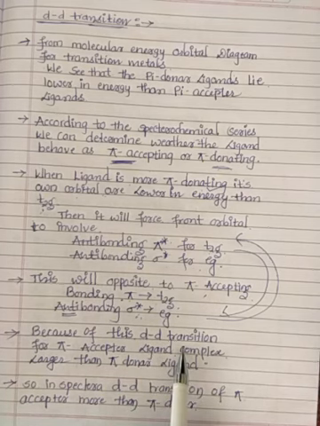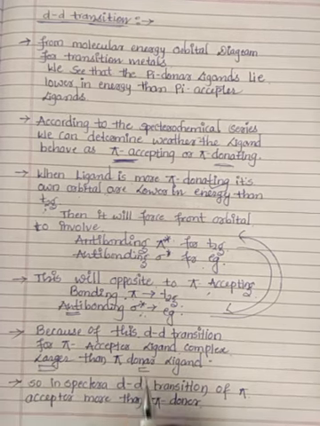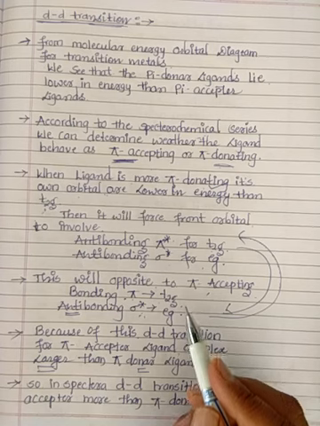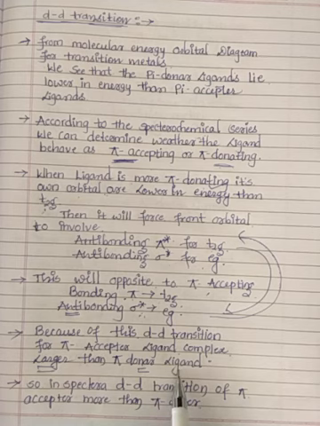Because of this, the d-d transition energy for a pi acceptor ligand complex is larger than that of a pi donor ligand complex. So in the spectra, the d-d transition of a pi acceptor is more than that of a pi donor.